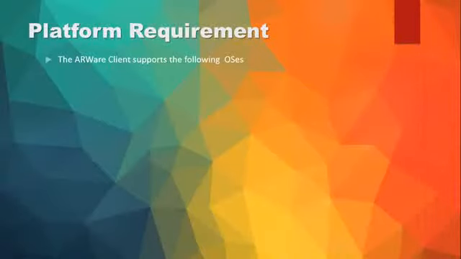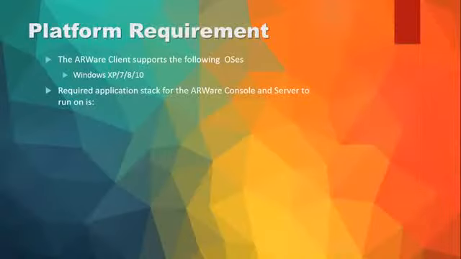The ARWare client supports the following operating systems: Windows XP, Windows 7, Windows 8, and Windows 10. The required application stack for the console and server to run on is Tomcat, MySQL, and RabbitMQ.